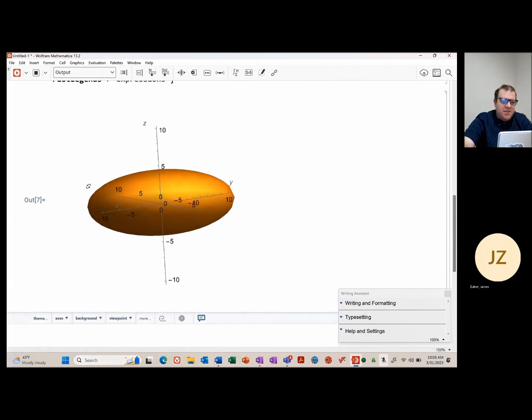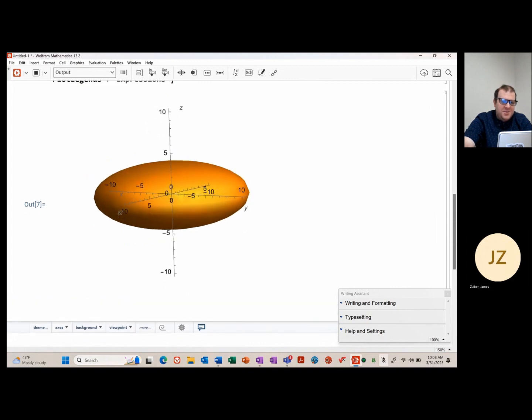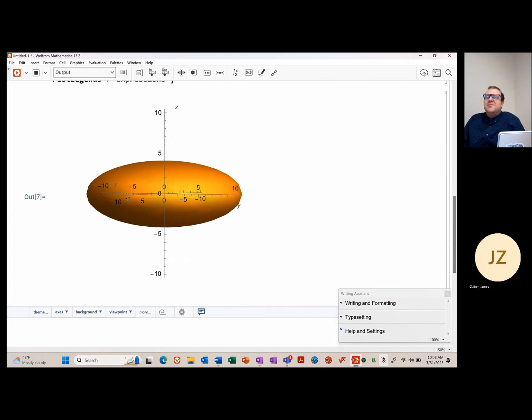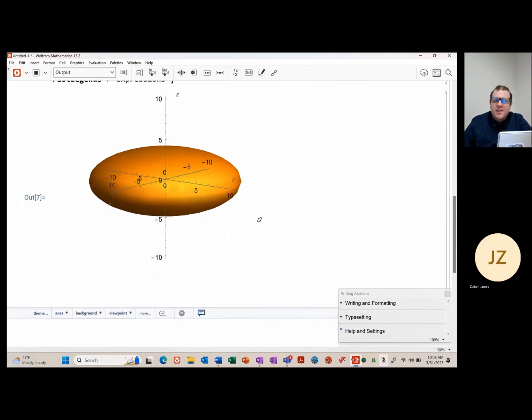Yes, that worked. So there is our ellipsoid. This color kind of looks like an Advil. Let's angle it just a little bit to get an idea.